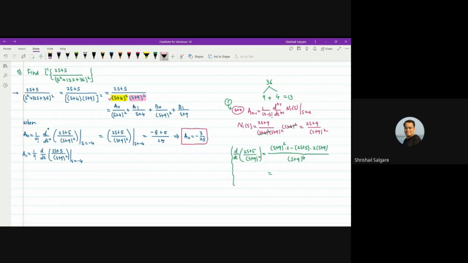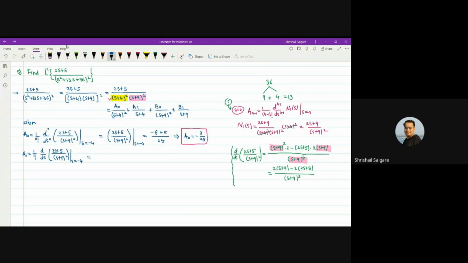From this I can cancel one factor of (s plus 9). The remaining term is 2 into (s plus 9) minus 2 into (2s plus 5) divided by (s plus 9) bracket cube. Further I will not simplify.